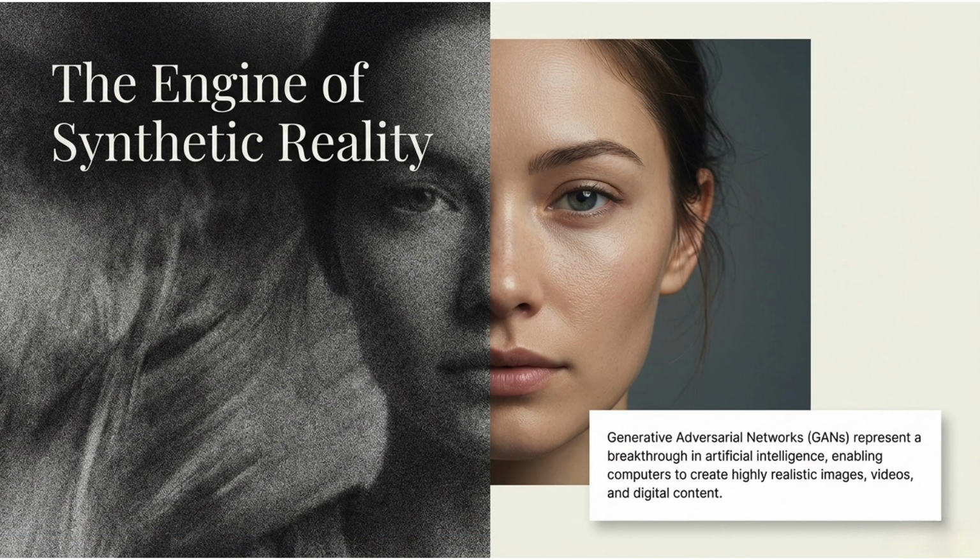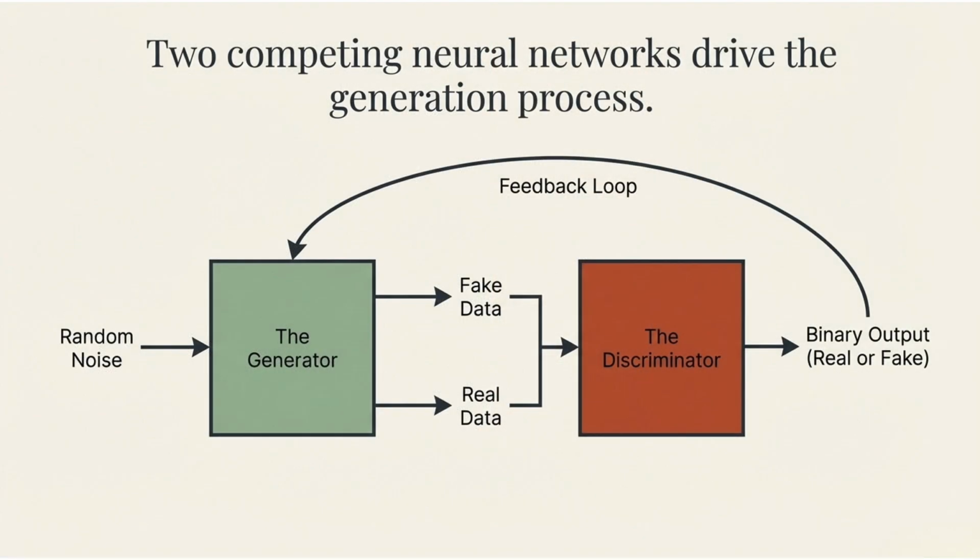Generative adversarial networks are a type of deep learning model used for generating new data. The term generative means the system can create new content. The term adversarial means the two models compete with each other during training. GANs consist of two neural networks, generator and discriminator.